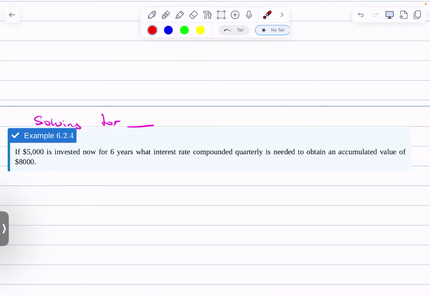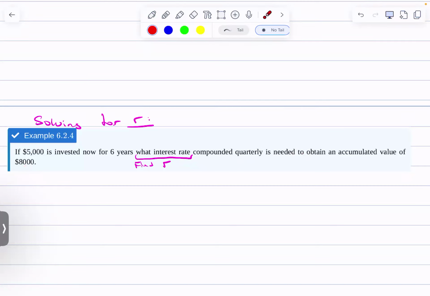But let's confirm. If $5,000 is invested now for 6 years, what interest rate, find R, compounded quarterly is needed to obtain an accumulated value of $8,000.